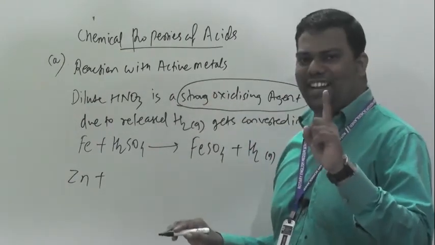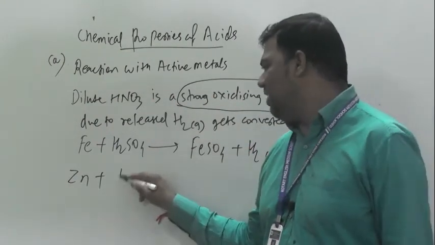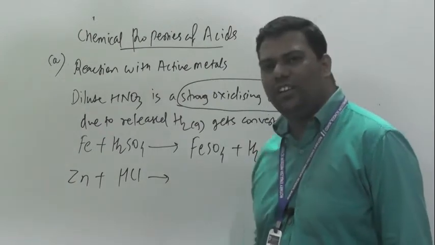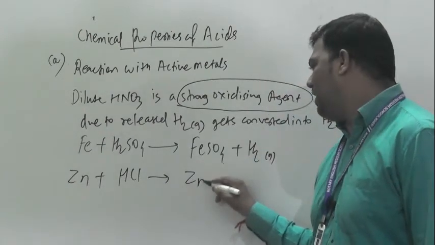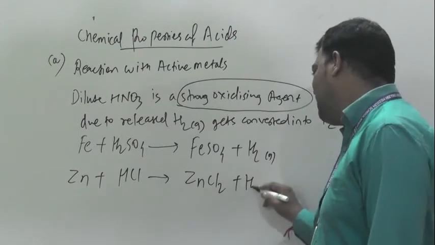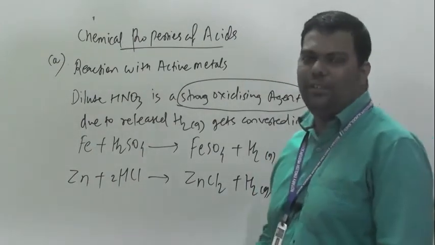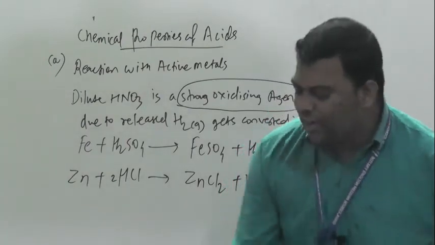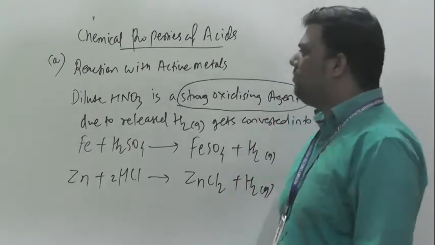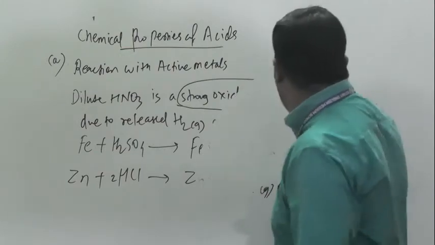Keep that in mind. So Zn plus 2HCl gives ZnCl2 plus H2 gas. Yes, our reaction is balanced.